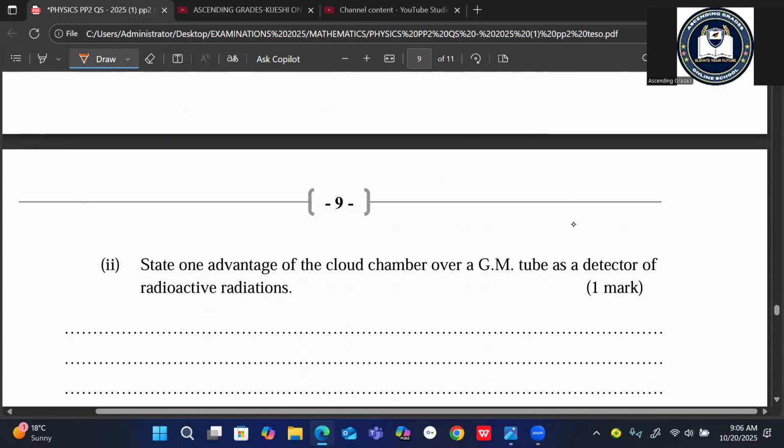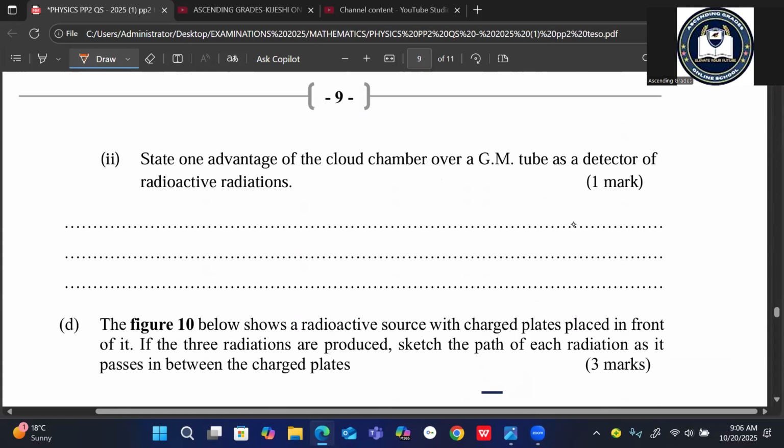This is the question that I was talking about. State one advantage of the cloud chamber over the Geiger-Muller tube as a detector of radioactive radiation. This one is able to give the tracks, and from the tracks you are able to identify what type of radiation it is.